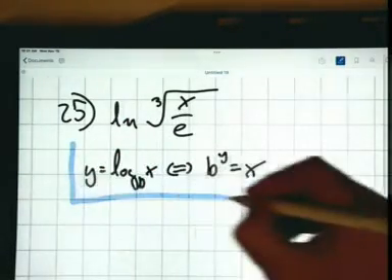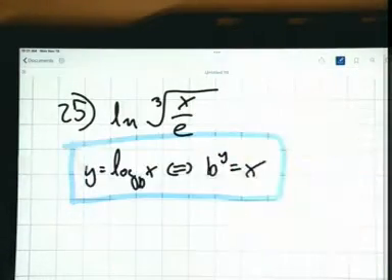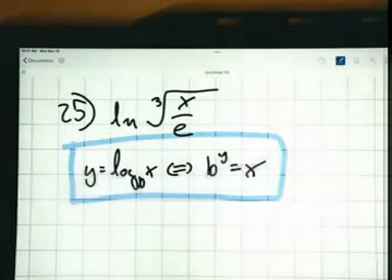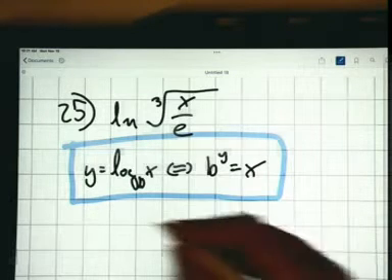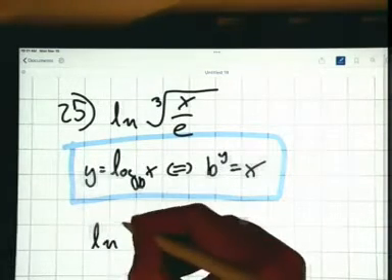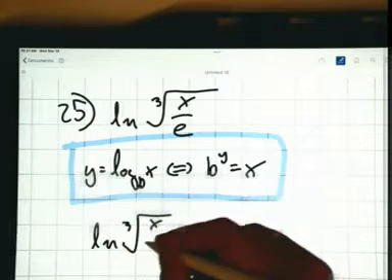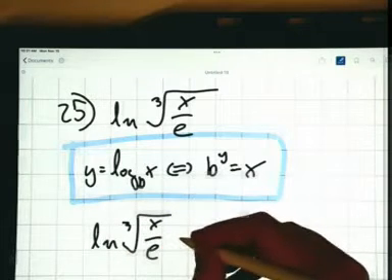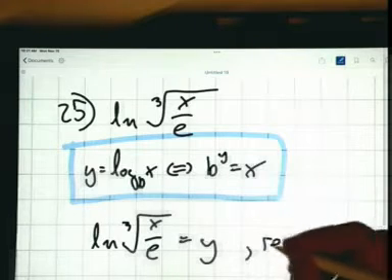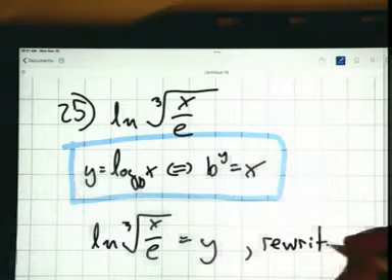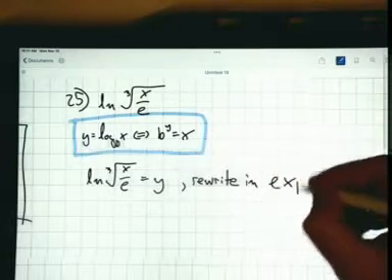This would probably be the very first thing that, if I have trouble memorizing this, I would write it down at the very top of my test. So what we're going to do is set this equal to y, and then rewrite in the exponential form.